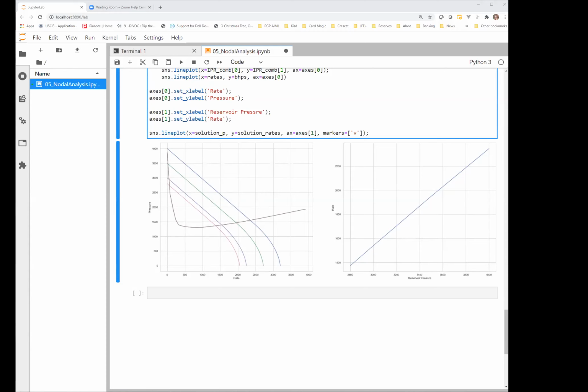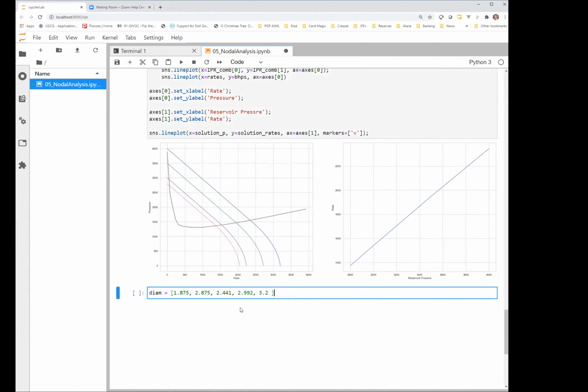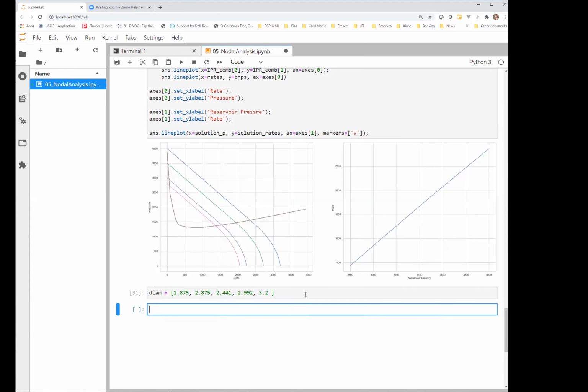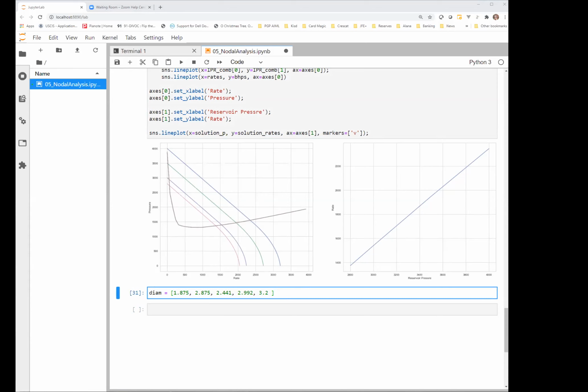So I want to be changing the diameter of my tubing. And let's go. The reservoir pressure is the same.